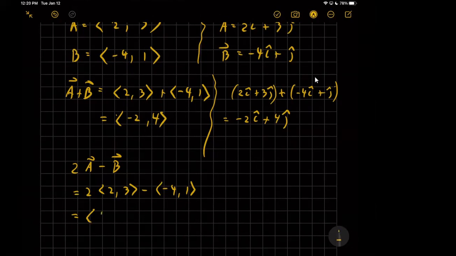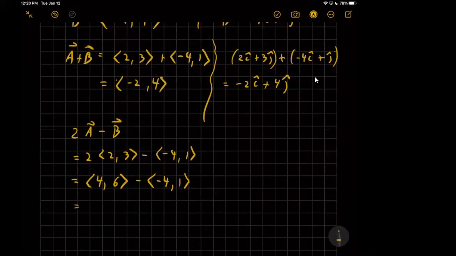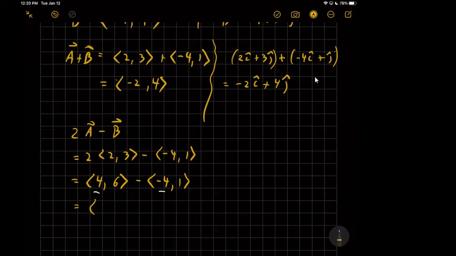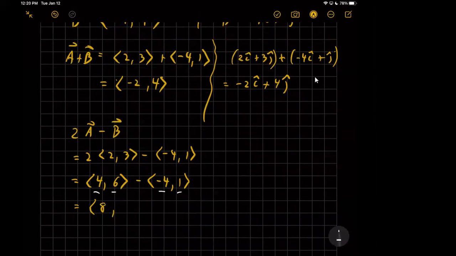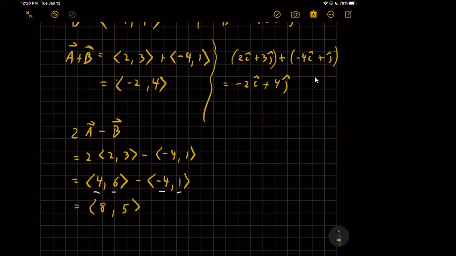Twice A would be 4, 6, and we're going to subtract -4, 1. So what do we get? We look at the x components first. So 4 minus -4 gives me an 8. And then we look at the y components, and so you have a 6 minus 1, and so that will give you a 5. So 2A minus B would be 8, 5. So an x component of 8 and a y component of 5.